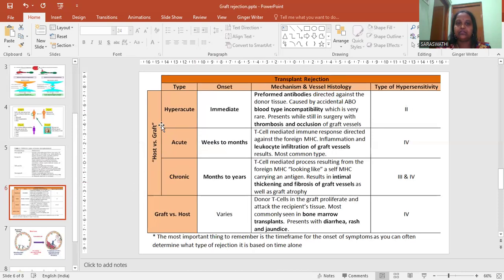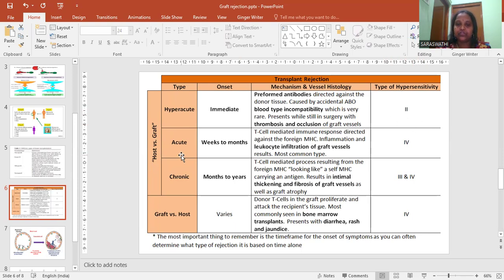All of these affect graft rejection. We have different types of host versus graft rejection: hyperacute, acute, and chronic. The hyperacute graft rejection is an immediate type of rejection. It is also called type 2 hypersensitivity mediated, because of the mismatch of the blood. These are examples of the immediate type of hypersensitivity.